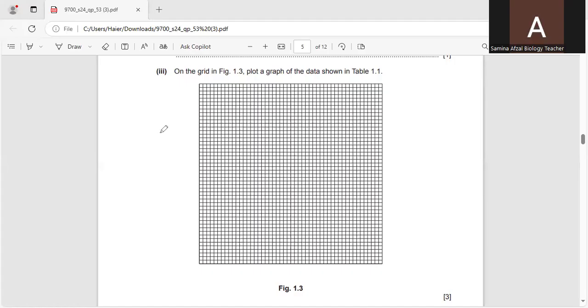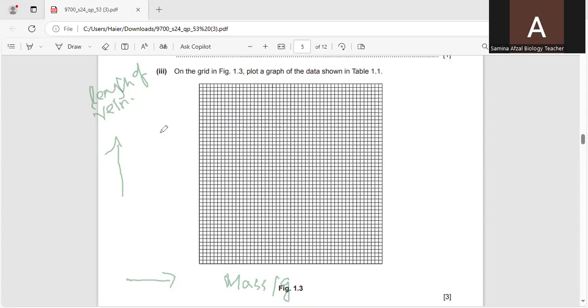First of all, we will take the independent value. In this case, the independent value is the mass, which we will take on the x-axis, mass in grams. And on the y-axis, we will take the length of the vein, which is a dependent value. First of all, I'm going to make the readings.